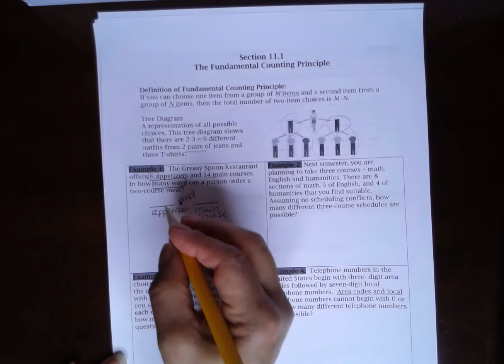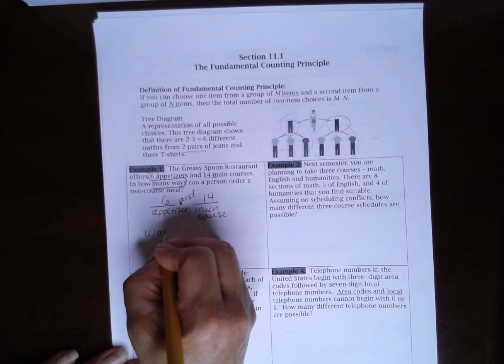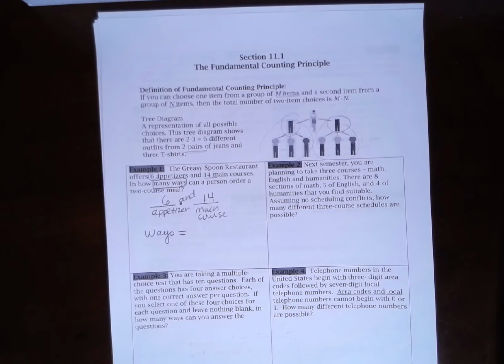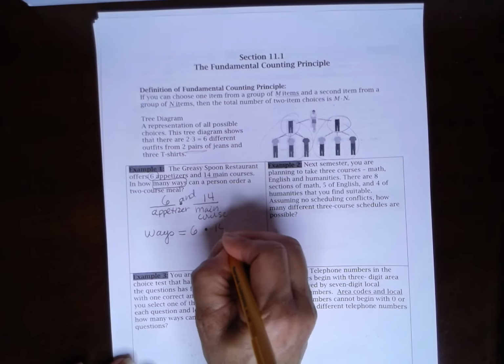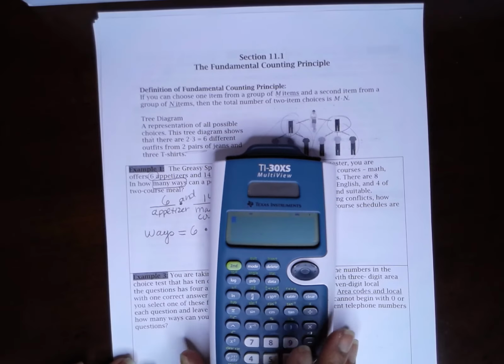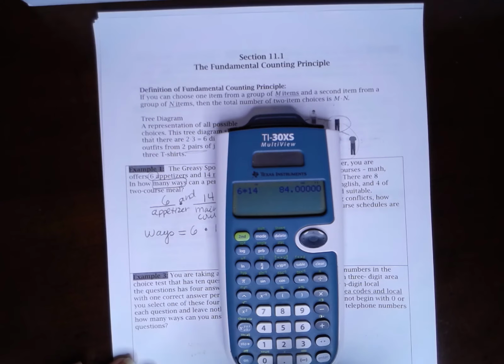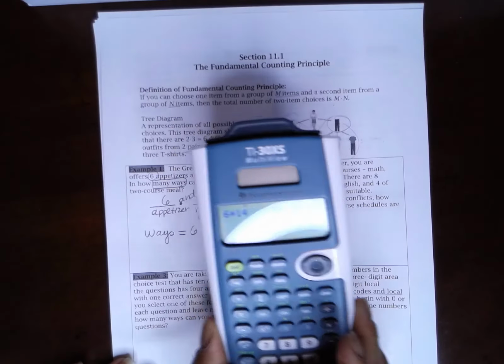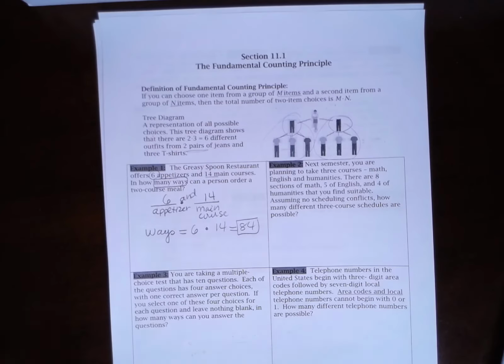From appetizers you have 6 to choose from, and for main courses you have 14 to choose from. So the number of ways is equal to the product of the choices. You multiply 6 times 14, and that gives you 84. So you have 84 ways to select an appetizer and a main course.